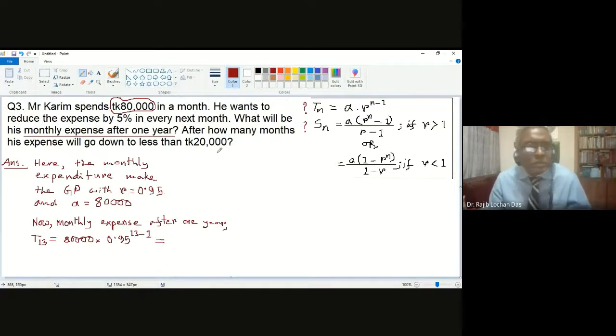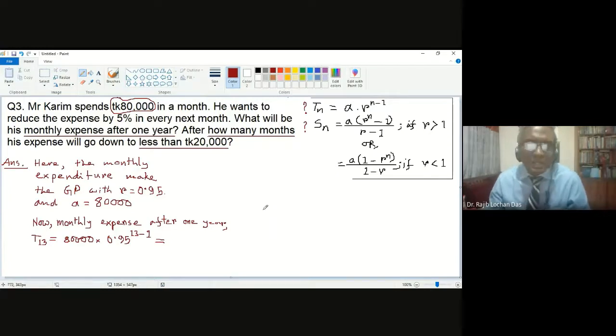Now you can go to the second part of the question. That means how many months. This question is how many months you need to consider, how many months needed, if you want to find out the monthly expense as 20,000.